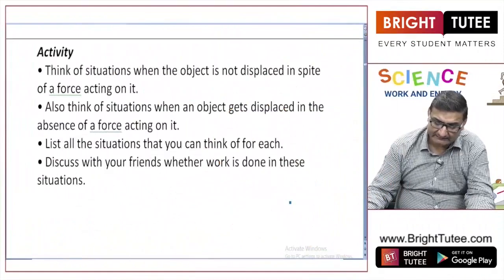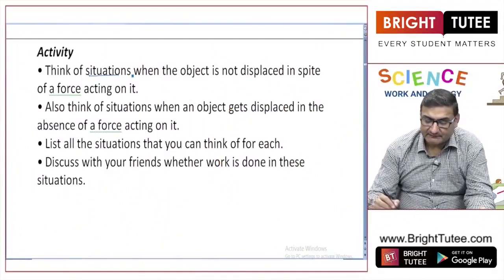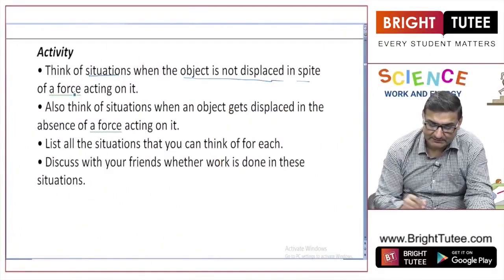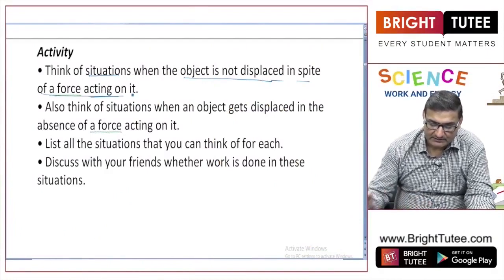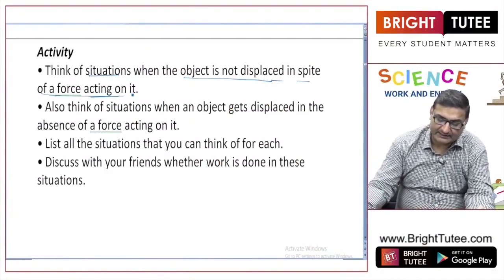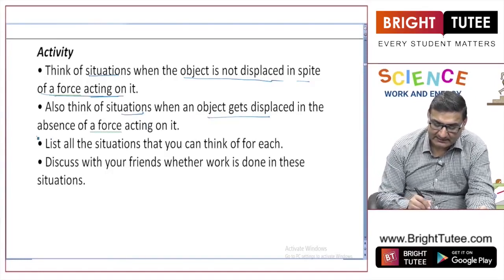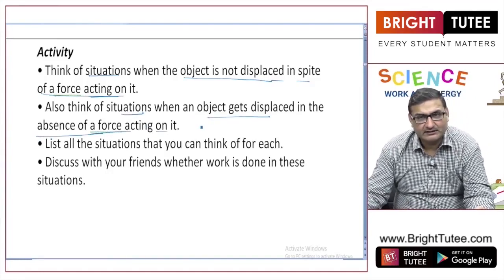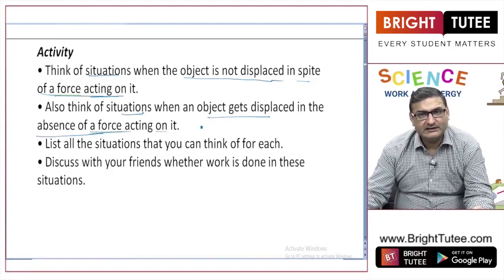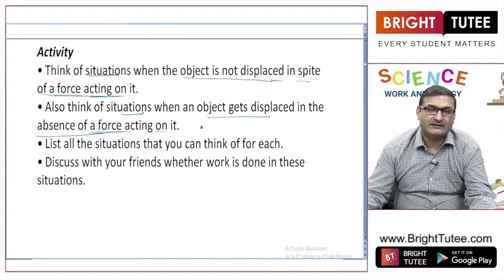Let us perform another activity. Think of the situations when the object is not displaced in spite of some force acting on it, and the situations when an object gets displaced in the absence of a force acting on it. There are so many times when you feel that something is moving without any particular force, but it's not the case.